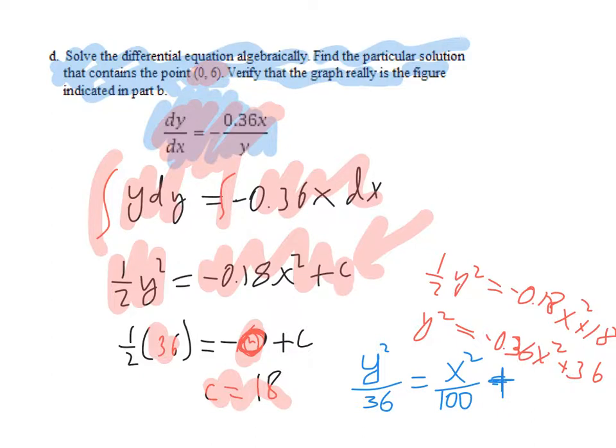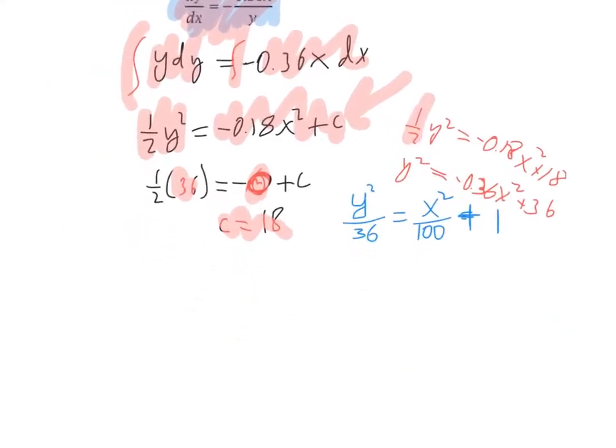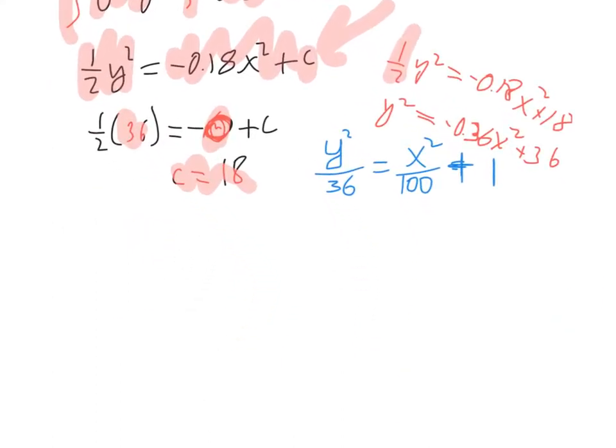Given that I was kind of looking for an ellipse, because that's what the graphs kind of look like, I first went ahead and multiplied by 2 to get rid of the fraction from the y squared. Then I divided by the 36, and I actually didn't finish, so my apologies. 36 divided by 36 is 1. So I divided both sides by 36 in order to get something that looks like an ellipse. And if you're wondering why that looks like an ellipse, it's because if I take this to the other side, wait a second, I made a mistake.